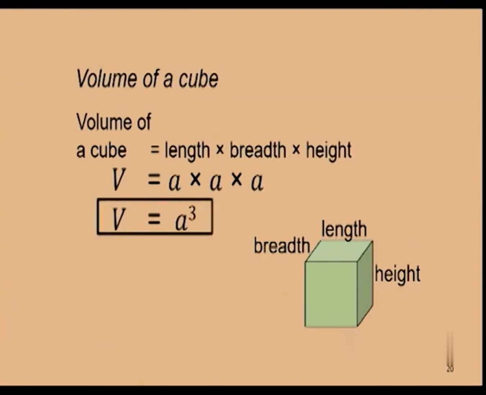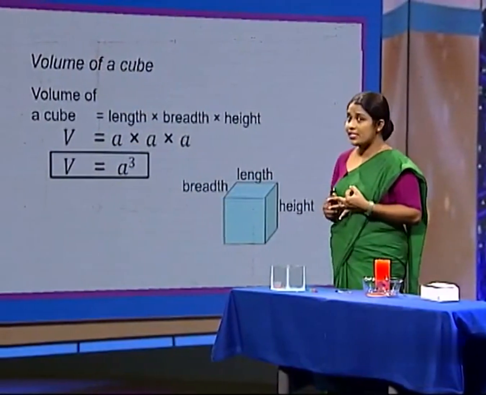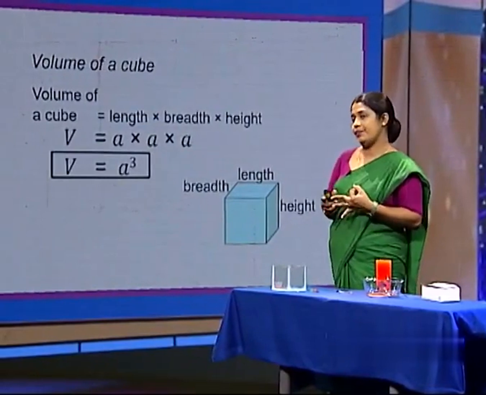What is that? V equals A to the power 3. So, this is the third formula in this lesson. What are the three formulas? Let's revise the knowledge. V equals ABC, V equals AC. Now, this is the third one, V equals A to the power 3.